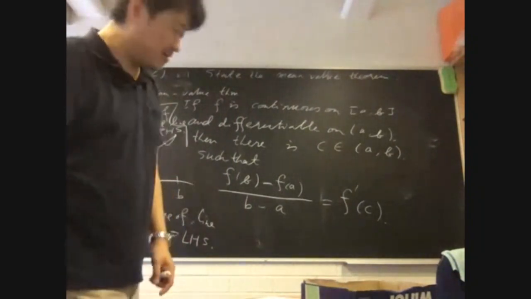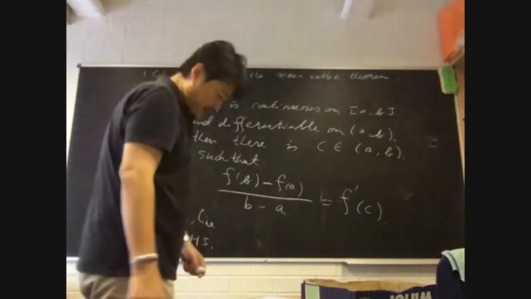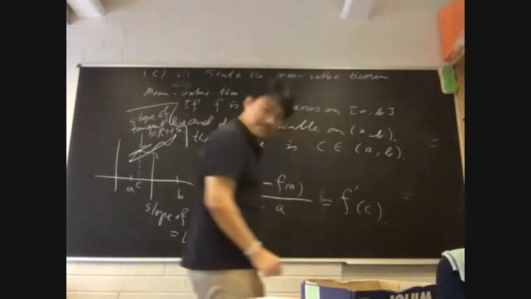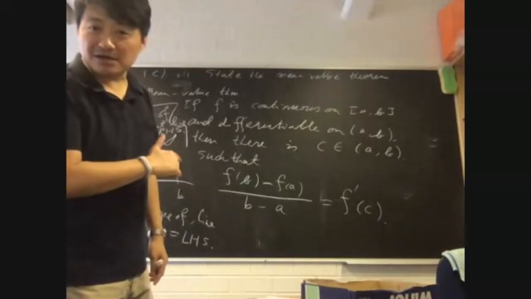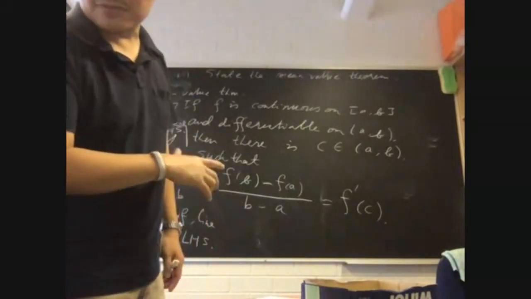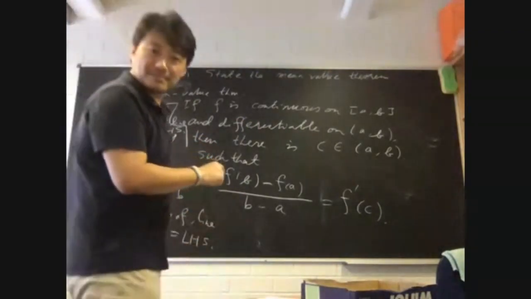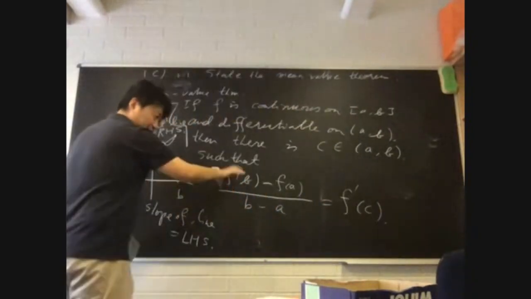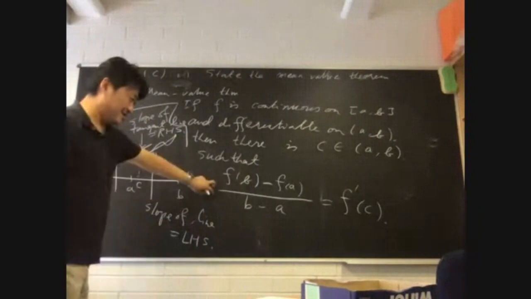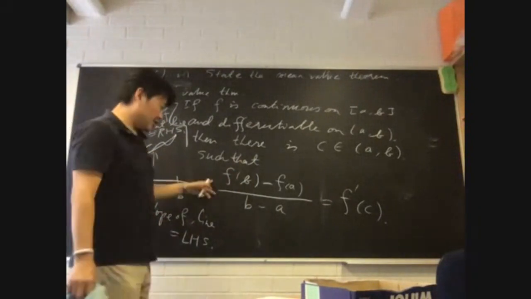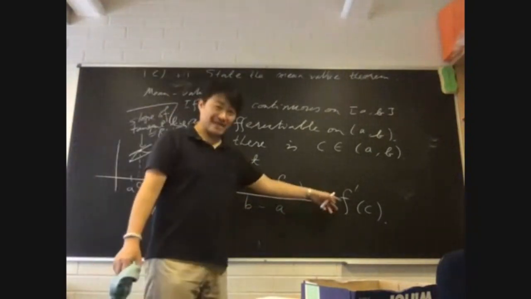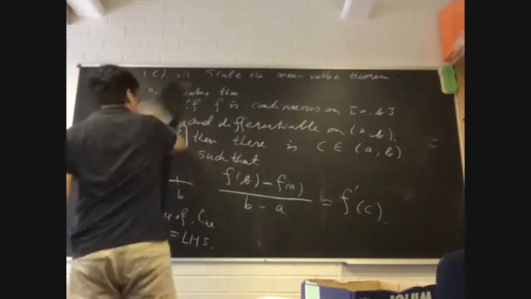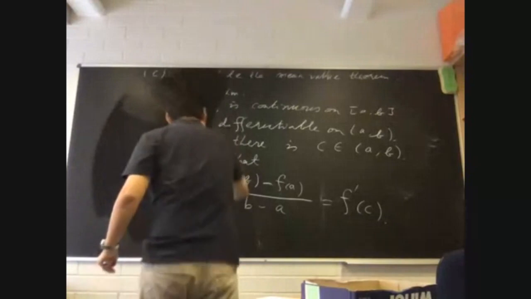Part B, or part 2, should illustrate the utility of this theorem. Any questions on the statement of the theorem? The important thing is really just this equality: the slope of the secant line equals the slope of the tangent line at some point. That's part 1. So let's move on.